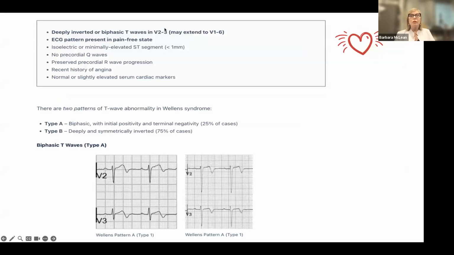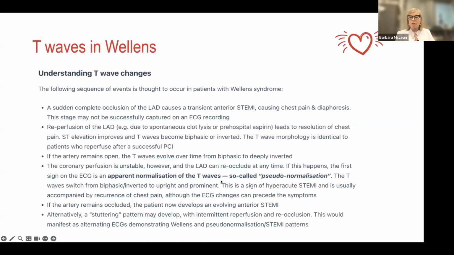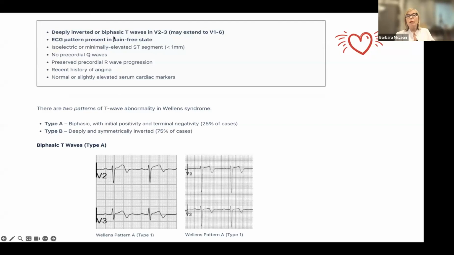So again, this is basically copied from the fantastic article that just reminds us about Wellens syndrome, right? The deeply inverted or biphasic T waves, EKG pattern present only in the pain-free state. That's the only time we're really going to see that. Isoelectric or very mildly, minimally elevated ST segment.